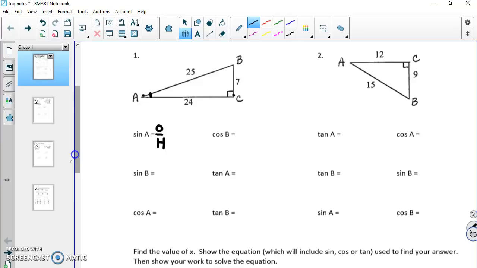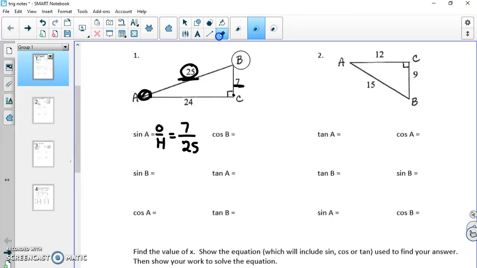So the opposite side from angle A is clearly 7. That's across the triangle, it's opposite. So the opposite will be 7 over the hypotenuse. The hypotenuse here is 25. No matter which angle you're dealing with, whether it's angle A or angle B, 25 is your hypotenuse. That ain't changing.